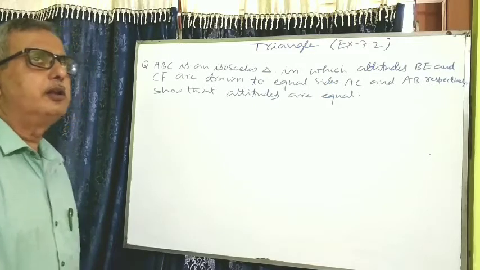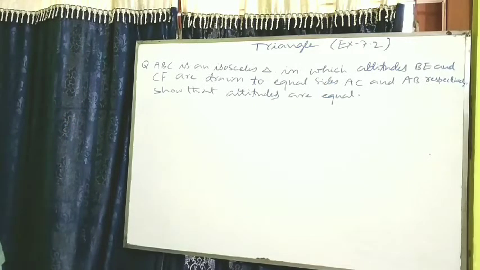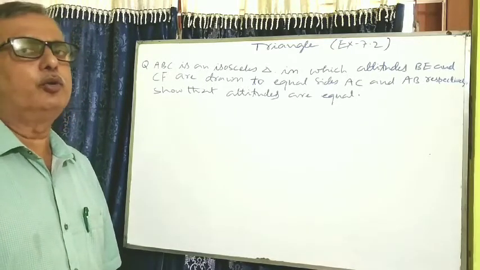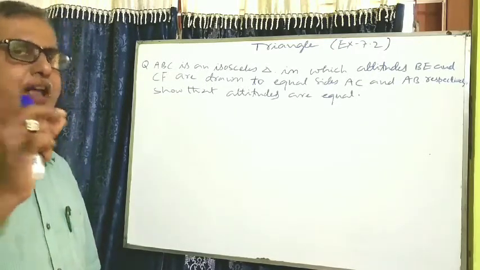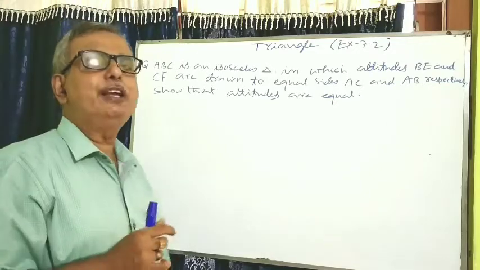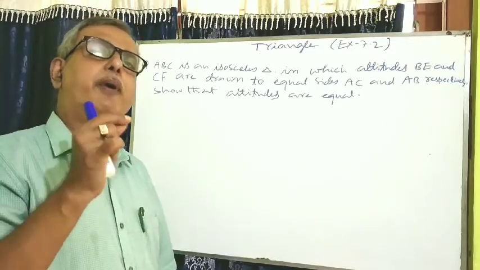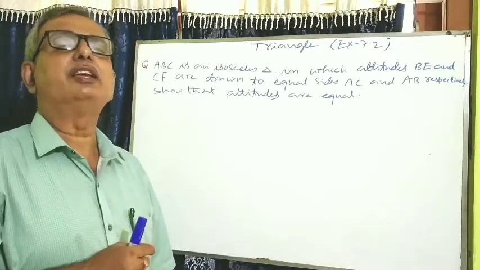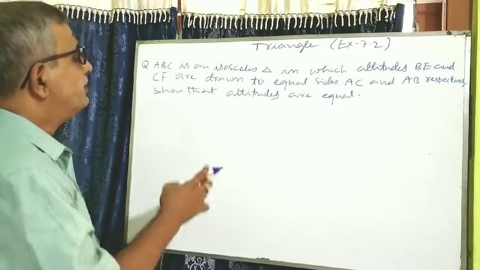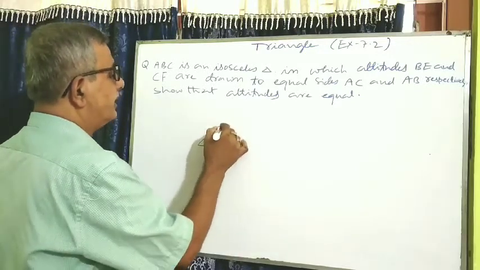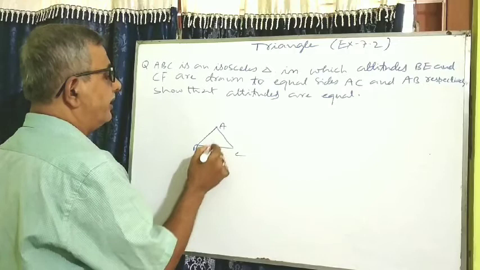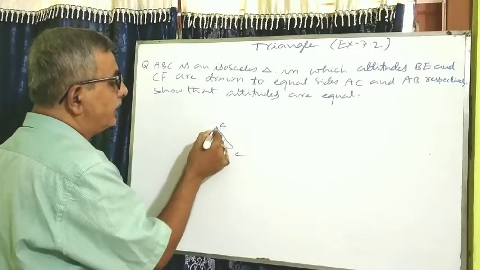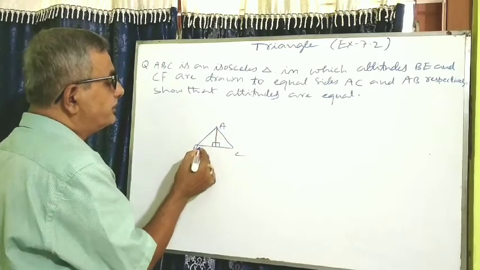First of all, you must know what you mean by altitudes. You can define it like this: a perpendicular drawn from a vertex of a triangle to the opposite side is called an altitude. For example, ABC is a triangle, and AD is perpendicular from A to the opposite side BC. A's opposite side is what? BC.